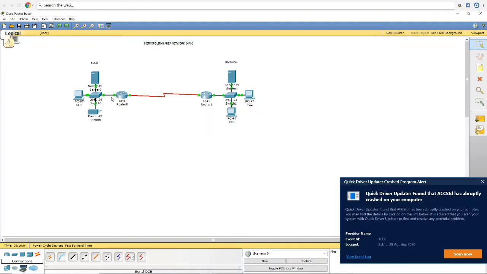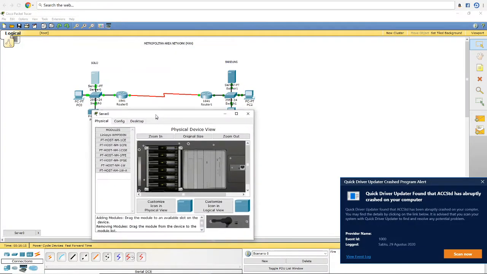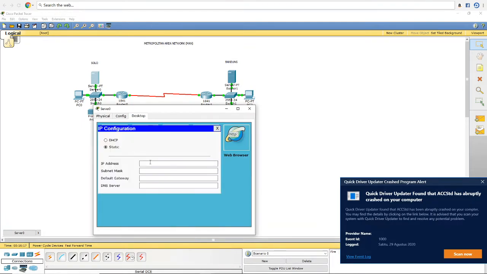After finishing the router configuration, we have to configure all of the PCs in LAN Solo and Bandung. Start from server Solo. The IP address for LAN Solo is a class A IP address.